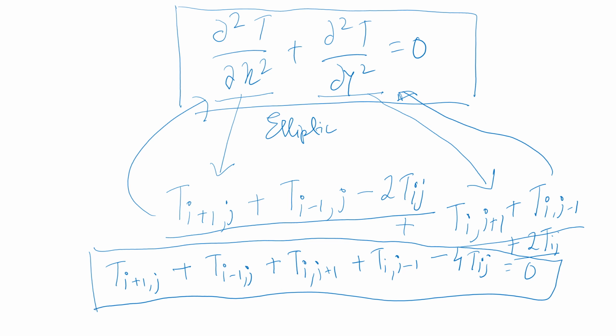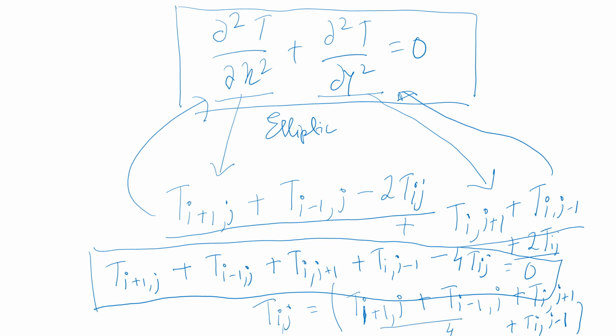And then you can write that T subscript ij is equals to Ti plus 1j plus Ti minus 1j plus Ti comma j plus 1 plus Ti comma j minus 1, whole divided by 4.